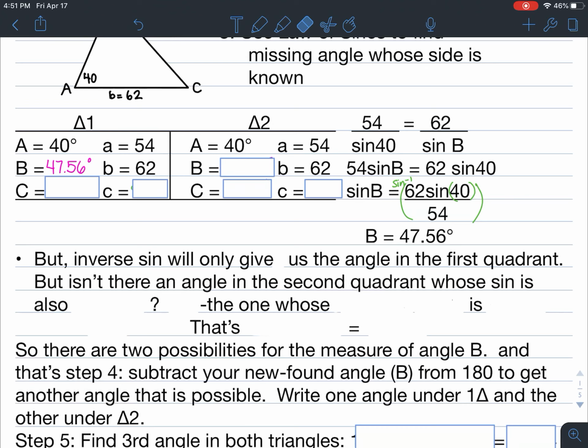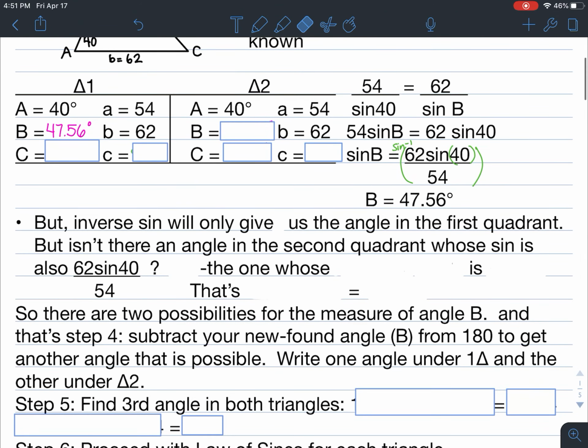And that is the angle that's in the second quadrant. So there's an angle in the second quadrant whose sine is also 62 sine 40 divided by 54, whatever number that is. Okay, so how would we find that angle? So think about that. If we had our circle, and here's 47.56 right here.